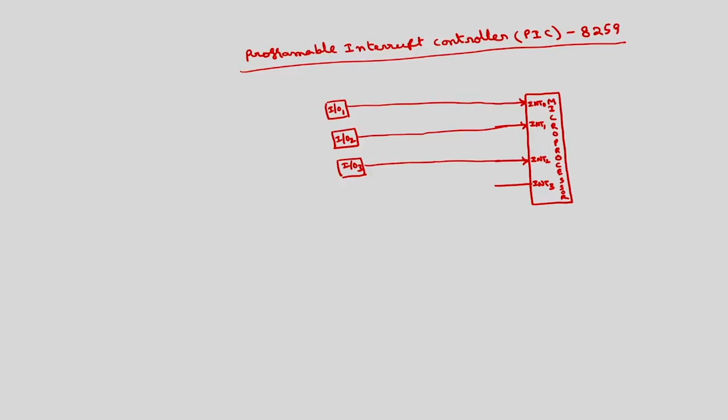In this case there is no conflict, because the number of interrupts is more than the number of IO devices. The problem arises when you have fewer interrupts than IO devices. This is the case where the number of interrupts is more than the number of IO devices.